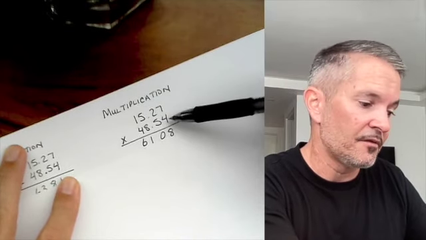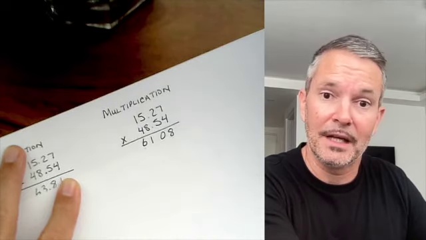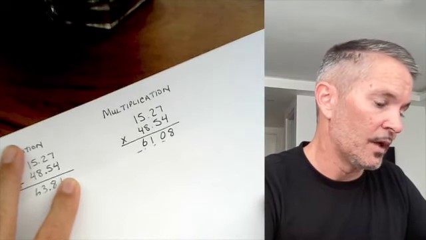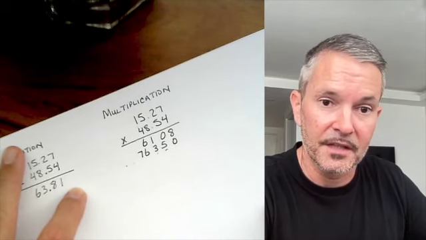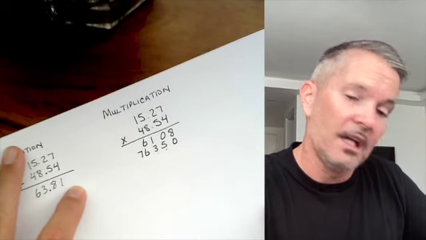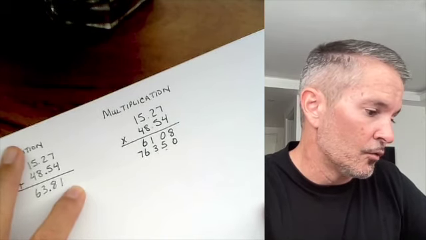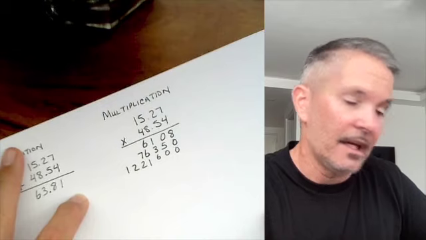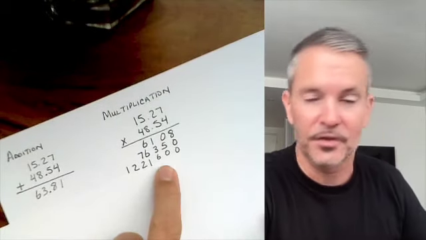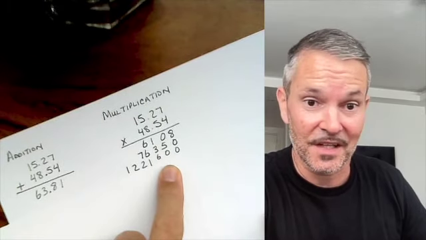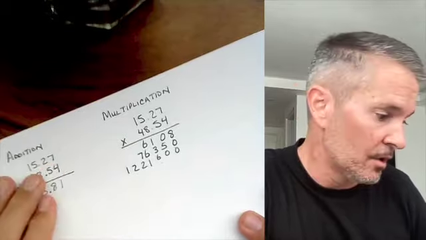15.27 times 4 is going to give you 6108. And then you have to do the multiplication again by 5 by moving over a place and adding a 0, and you'd get 7635. Then you have to do the multiplication by 8, and you'd move over to the tens place in this case, and multiply the number out, and you get another big number.